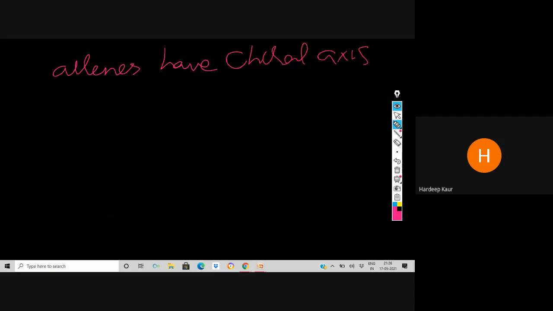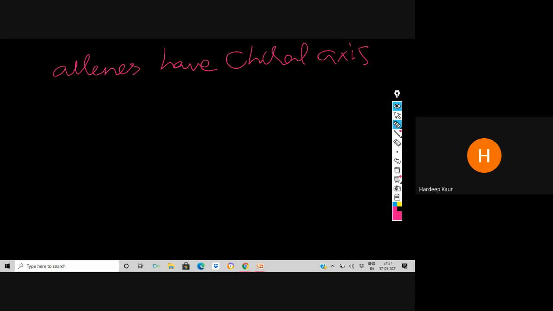Okay, so we can write this: allenes have chiral axis as their element of chirality. For this reason, they are chiral in nature.